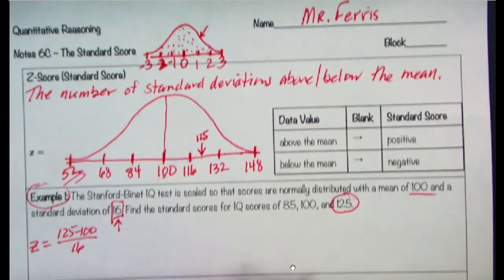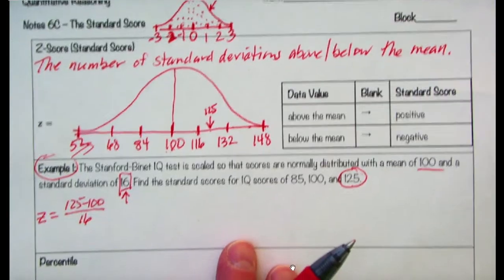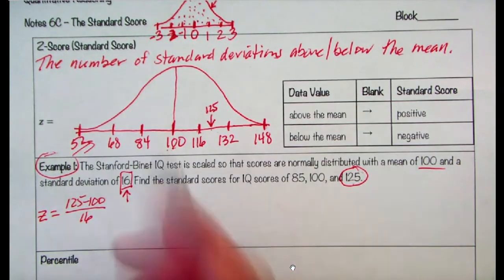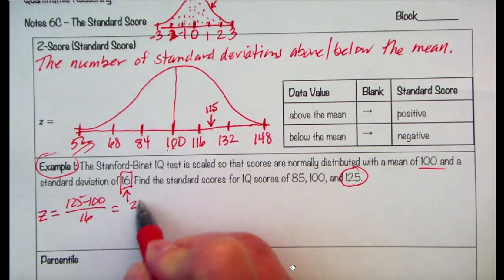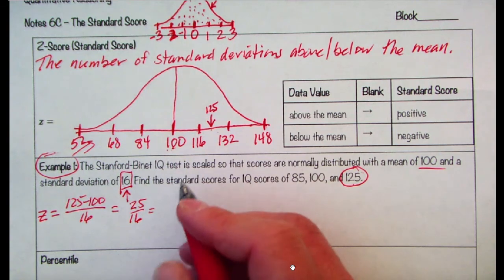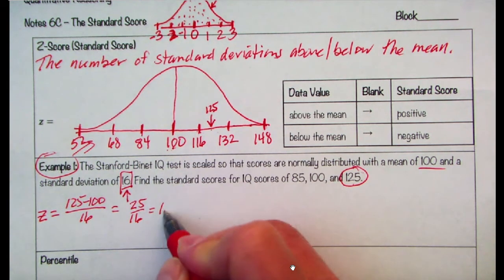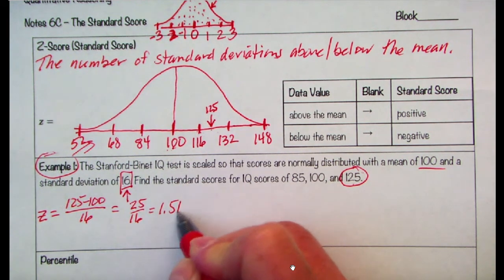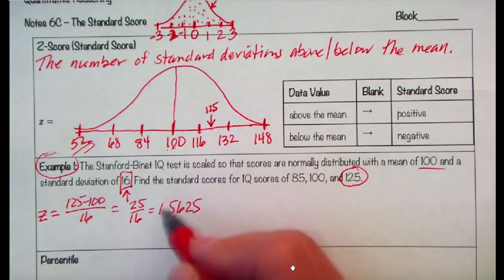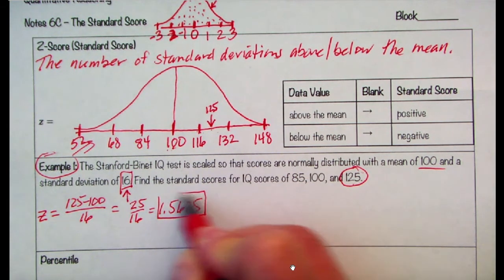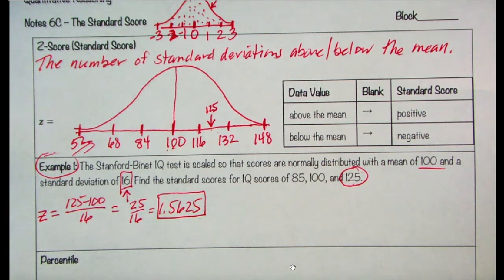If you have those 3 numbers, you can calculate the z-score very easily with just some basic arithmetic. So the z-score for 125 is going to turn out to be 25 over 16, which if you calculate on a calculator, you get 1.5625. So we were right. It was about 1.5. Actually, it's closer to maybe 1.6 standard deviations above average. That would be the z-score for a person that has an IQ of 125.